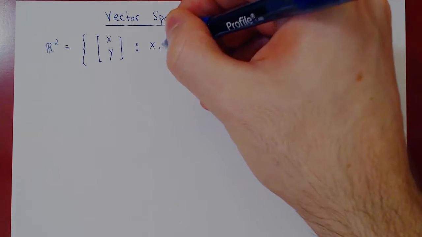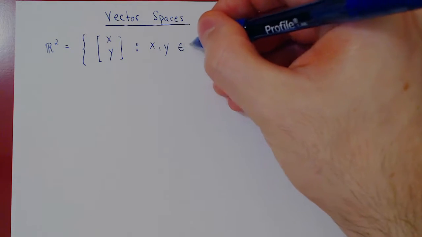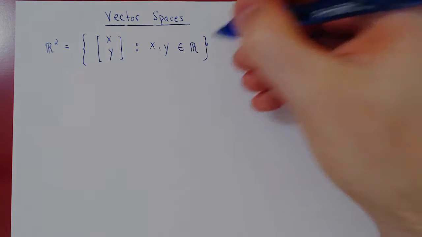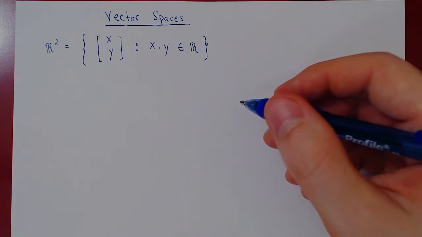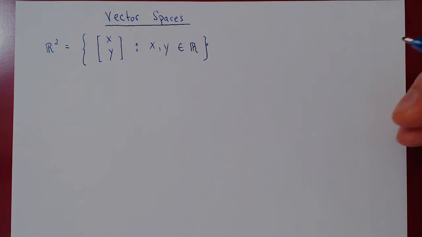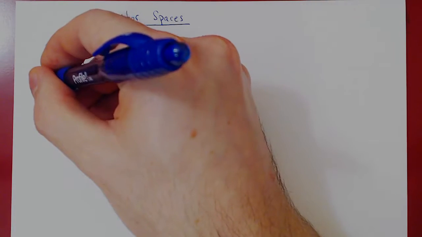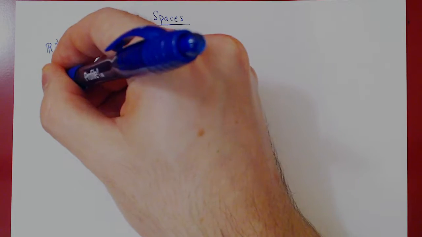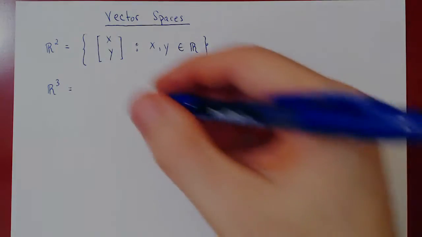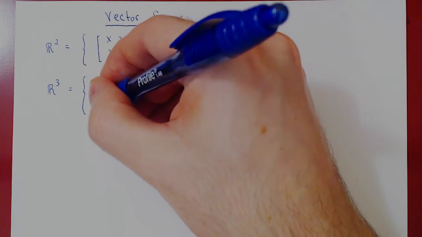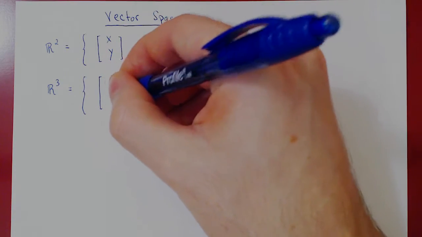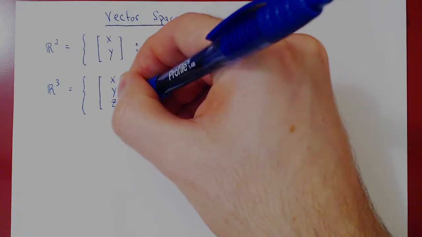So where x and y are arbitrary real numbers. Well, we can visualize line segments with direction, so directed line segments also in R3, the three-dimensional Euclidean space. And all that is the set of triples of real numbers, or viewed as column matrices, the set of column matrices of length 3, so with 3 components.